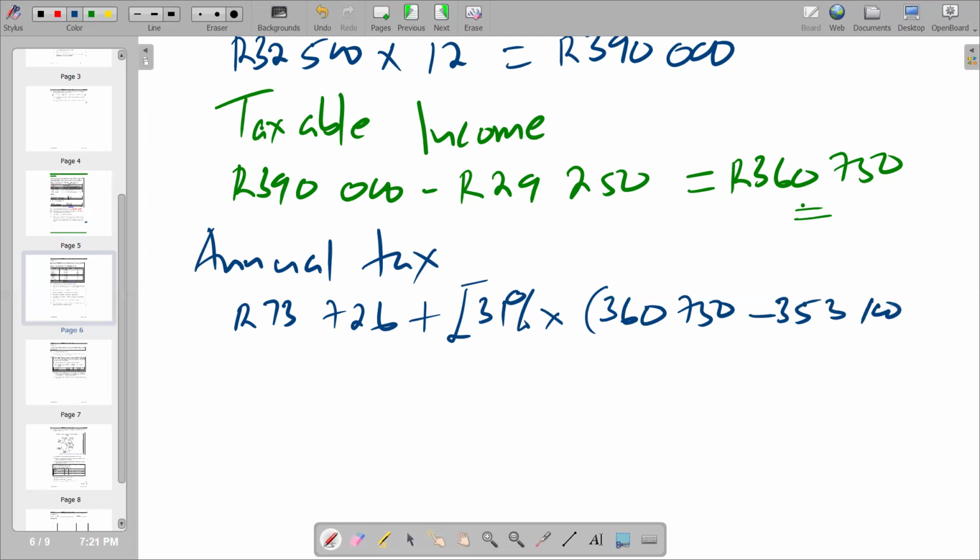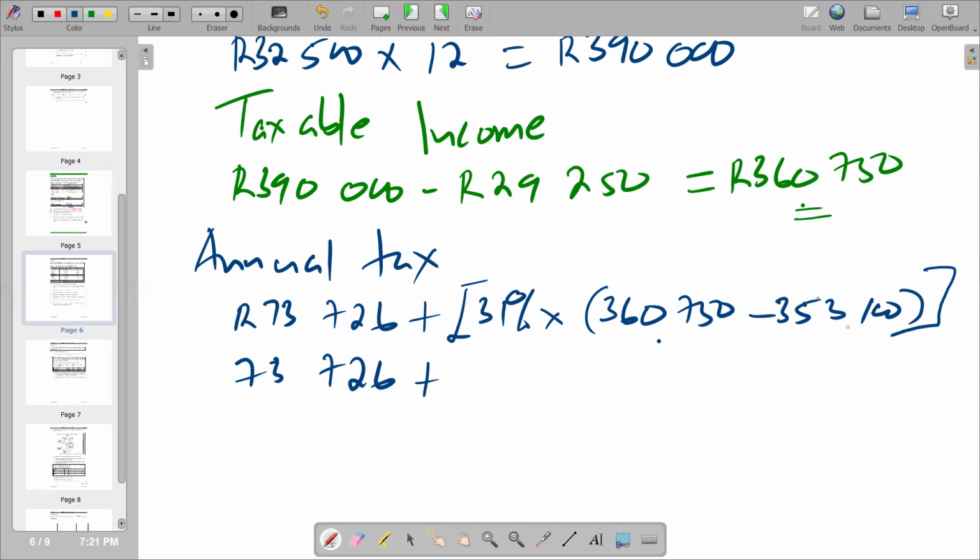So we try to work it from that point. If we do that, we are going to see that in brackets are there. If we try to calculate what we have in the brackets, because of brackets, we are going to have 73,726 plus 360,750 minus 353,100.